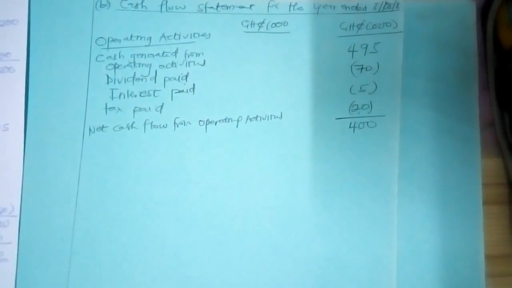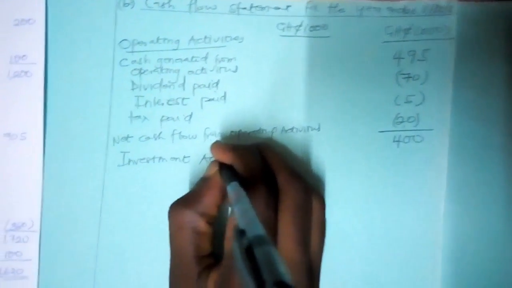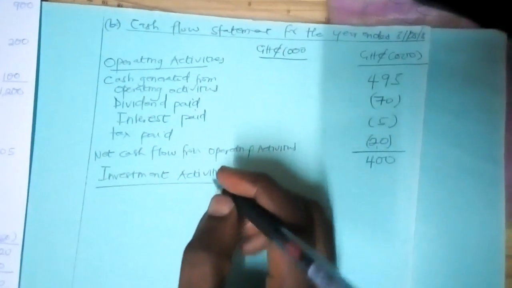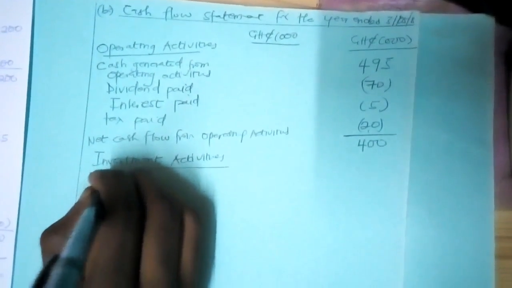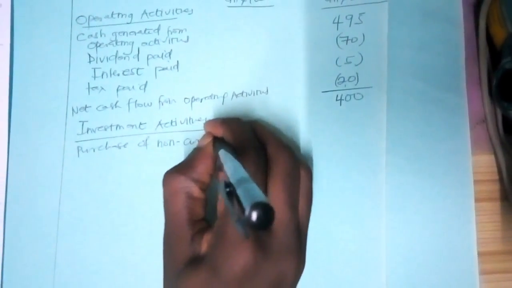So the next thing we are going to find is investment activities. In investment activities we are looking for all the purchases of non-current assets.